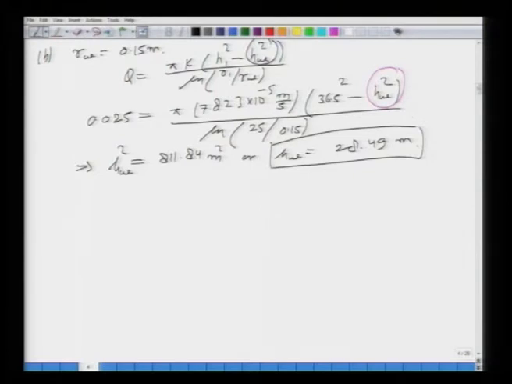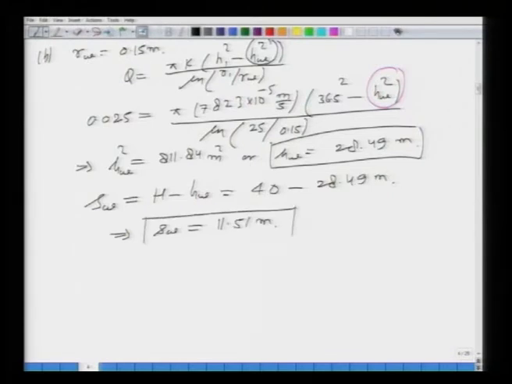Once you have that, how do you find the drawdown? Well, this is capital H minus Hw. This was 40 and we have just found Hw as 28.49 meters. So, that way you see SW is equal to 11.51 meters. Okay. That is going to be your answer.